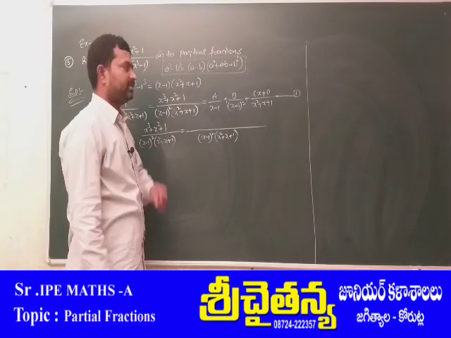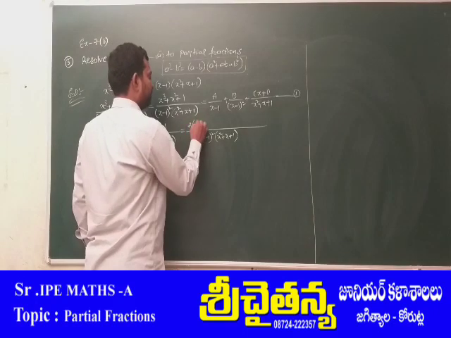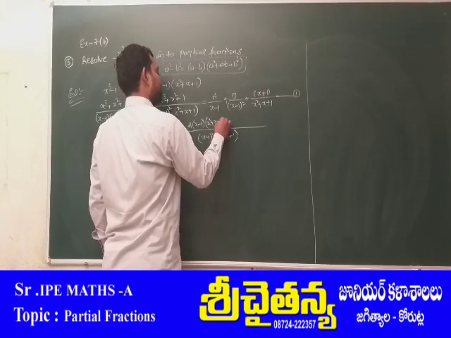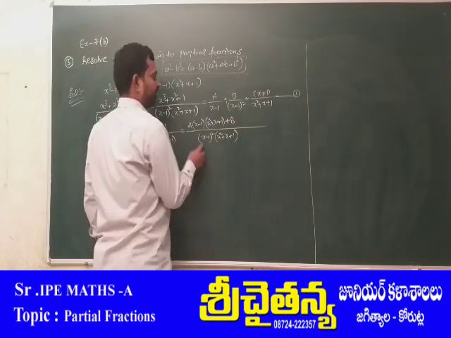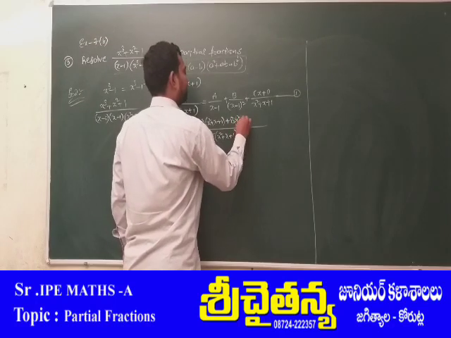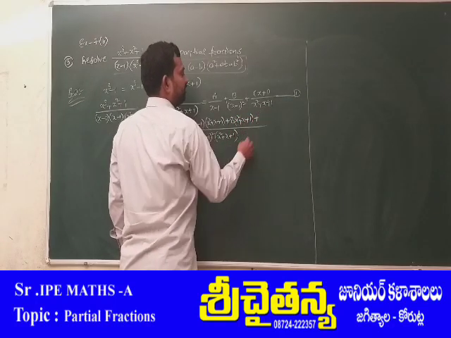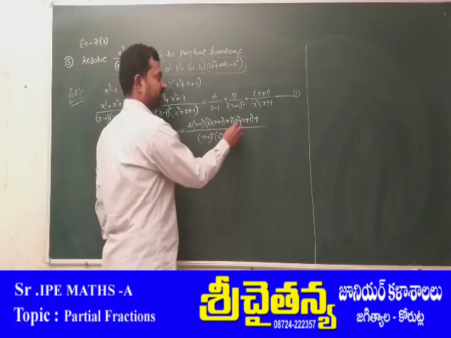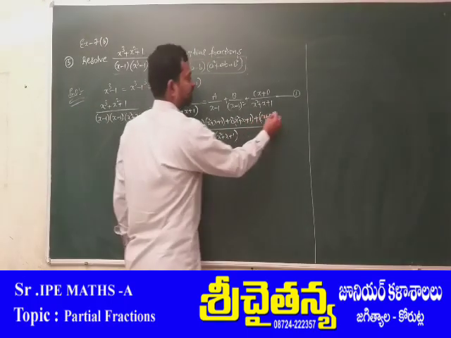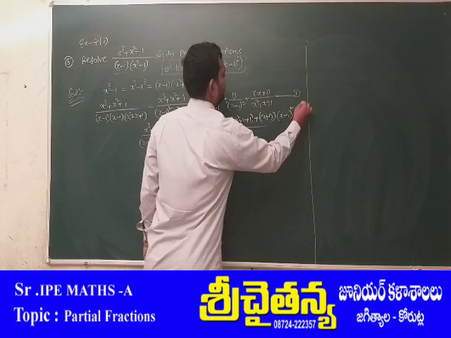We get a times x minus 1 into x square plus x plus 1, plus b times x square plus x plus 1, and then cx plus d times x minus 1 whole square.